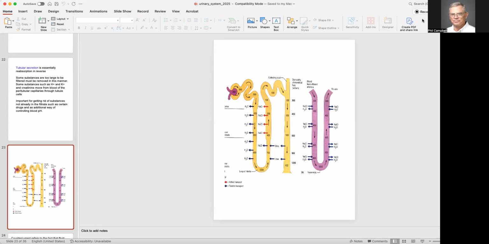There are about four slides following one another, and they're talking about something very specific: the interaction between the loop of Henle and the vasa recta. Remember, these are part of the juxtamedullary nephron. The primary role of this is reabsorption of water.